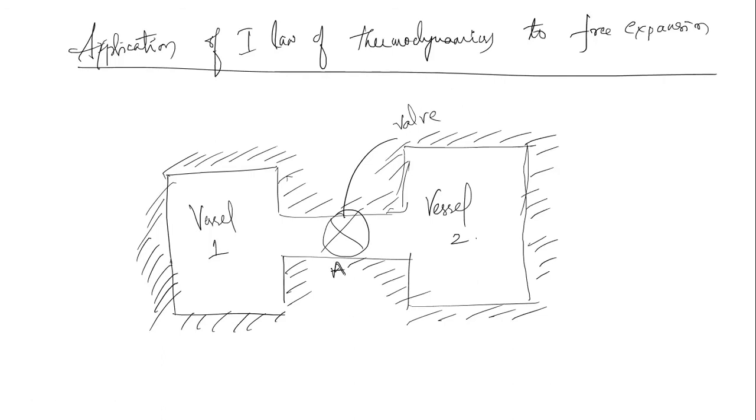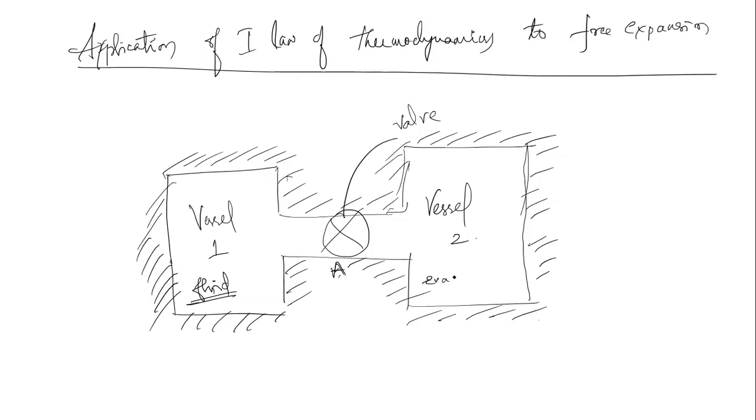Consider two vessels, that is vessel 1 and vessel 2. Both are interconnected by a short pipe with a valve A, and perfectly thermally insulated, or else it is isolated, as you can see in the figure. Initially, let vessel 1 be filled with the fluid at a certain pressure, and vessel 2 be completely evacuated.